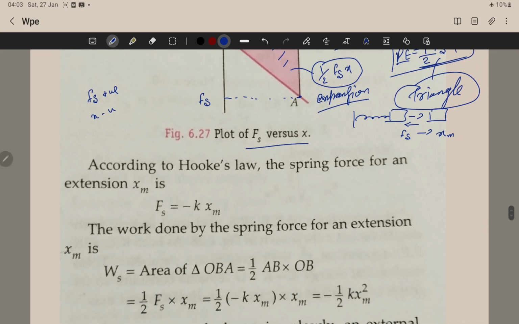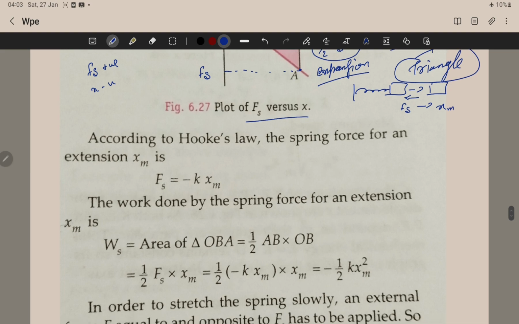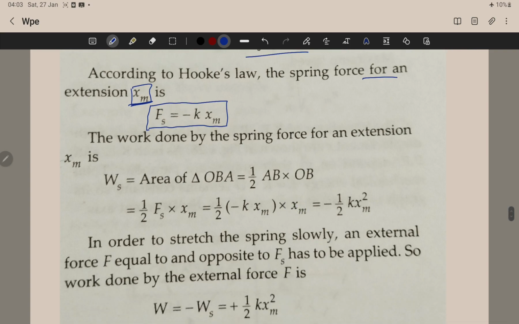So this is our plot, and now according to Hooke's law, spring force is equal to minus k into x. Here, for an extension, let's say we took an extension of xm. Now the work done by the spring force for an extension xm is equal to the area of OBA.